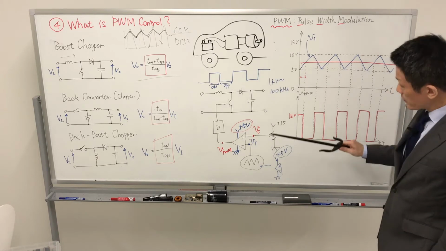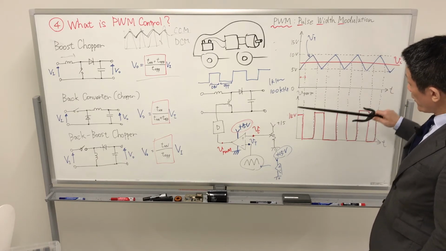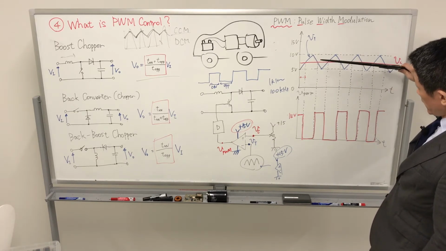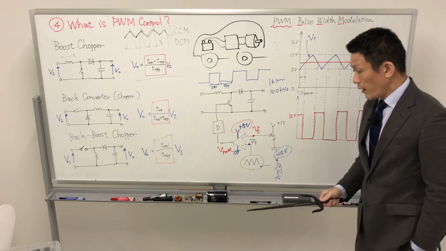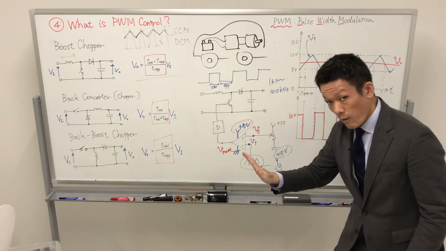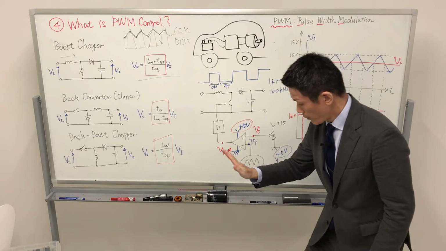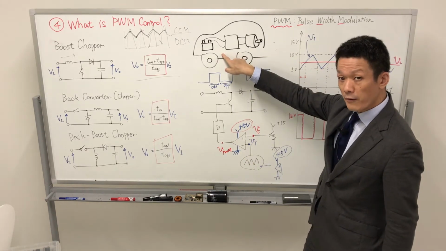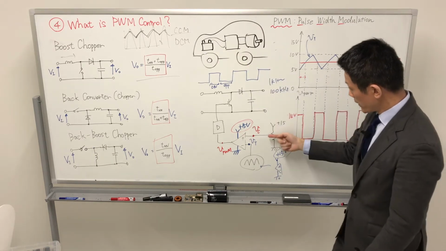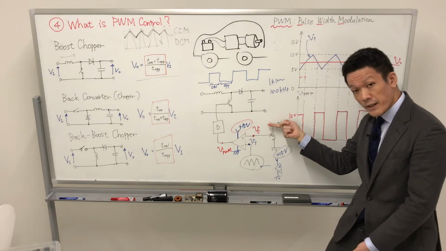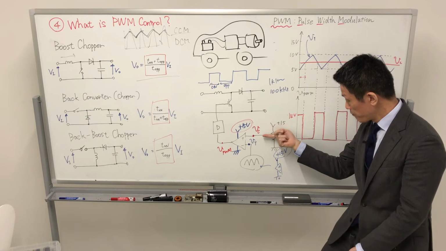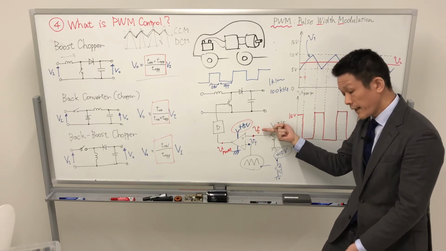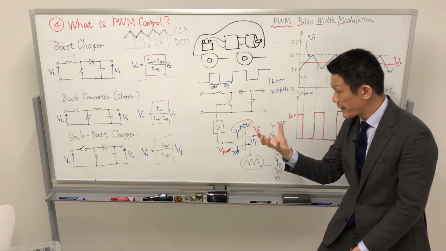In this case, if the accelerator is on, we require high speed in the electric vehicle. The voltage moves to the upper side, and we can obtain a higher voltage.